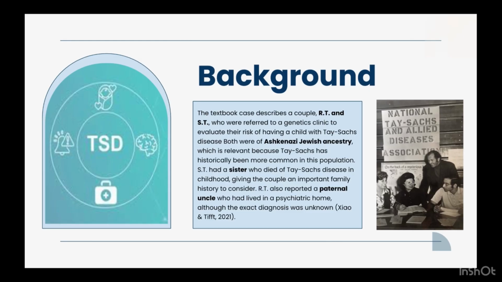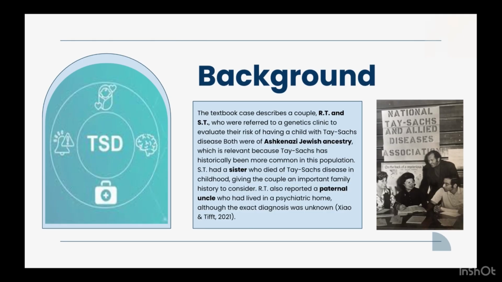Along with this, ST reported having a sister that passed away in early childhood due to Tay Sachs disease. So this is a very important thing to consider when referring to their family history. And RT also reported having a paternal uncle who lived in a psychiatric home, but he did not say any specific diagnosis that the uncle has.